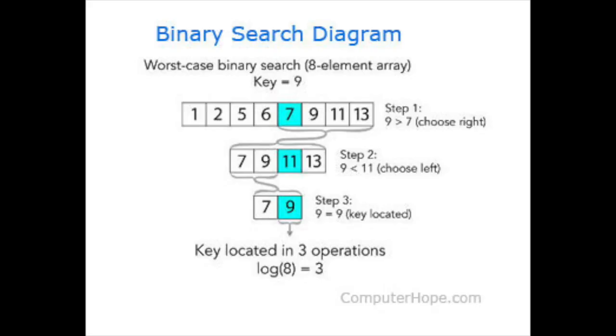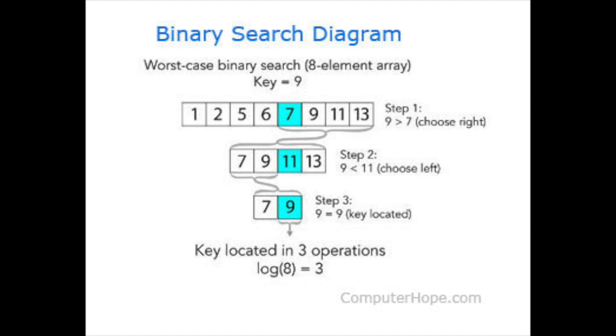As we look at this diagram that I found online, computerhope.com, it shows how the implementation works. Our key here is 9, which will be our target in our live coding later.